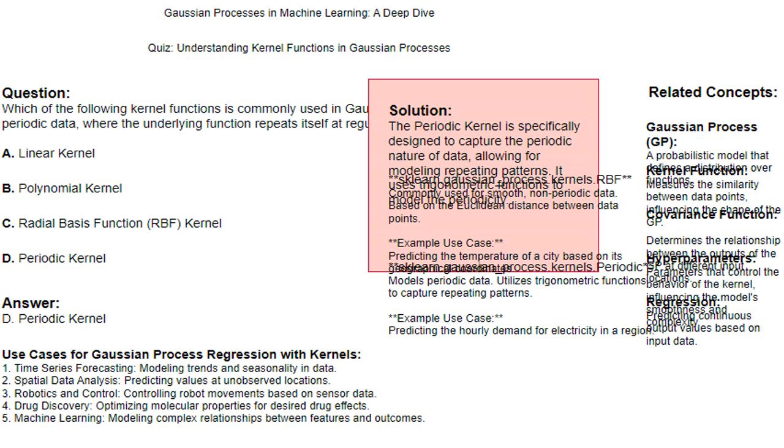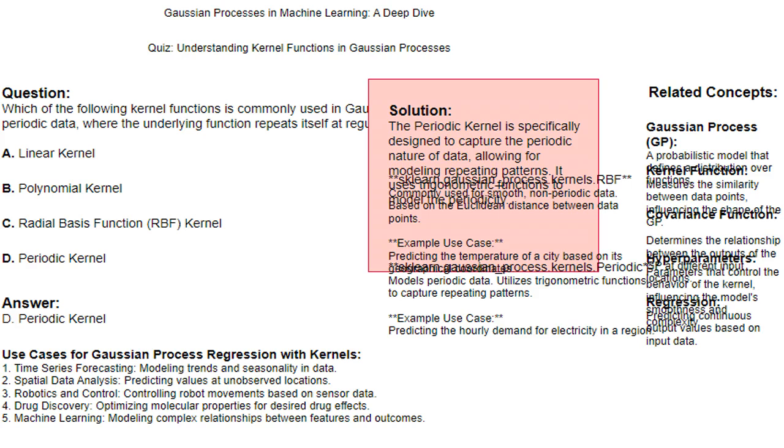Hyperparameters in a Gaussian process model are parameters that are not learned from the data directly but are set by the user. These parameters control the behavior of the kernel function, determining how similar data points are assumed to be and, ultimately, influencing the overall smoothness and complexity of the predicted function.